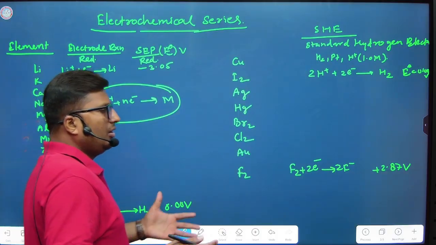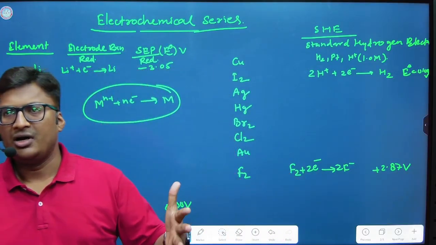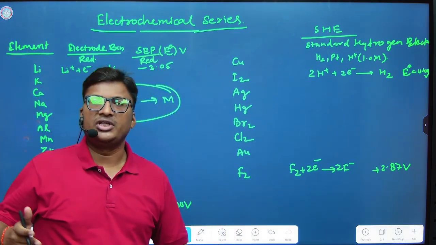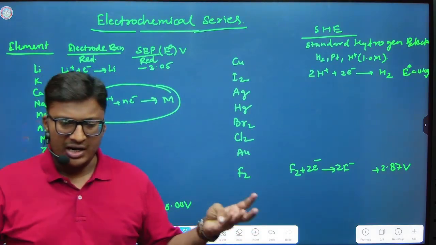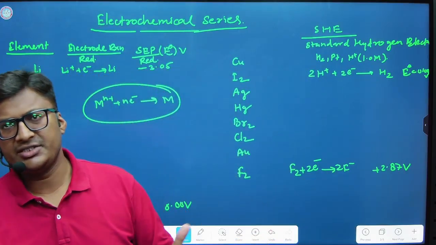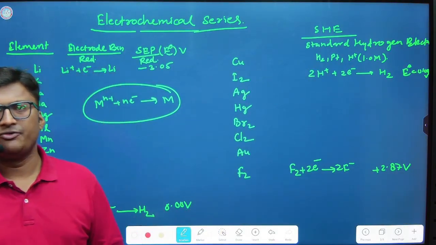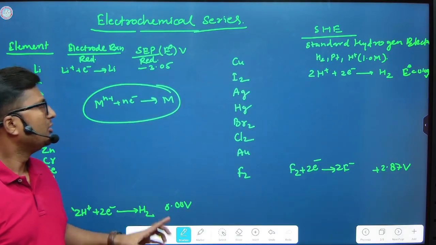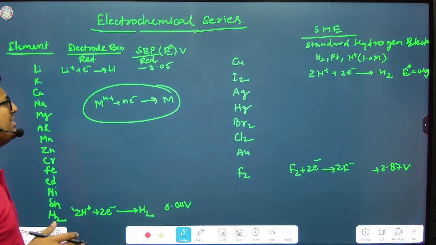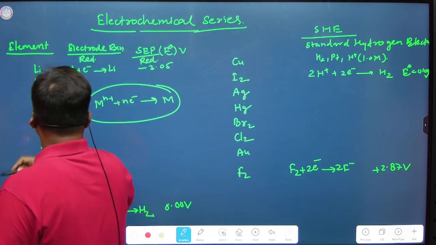It means there is a series from top to bottom, right? So there may be metals, non-metals, or acidic half cell reactions or basic half cell reactions. So depending on the standard reduction potential, they are arranged from top to bottom, right? So that is called the electrochemical series. The electrochemical series starts like that.